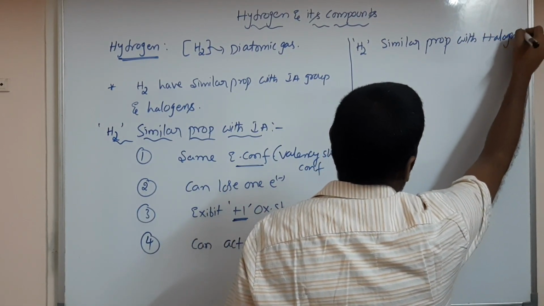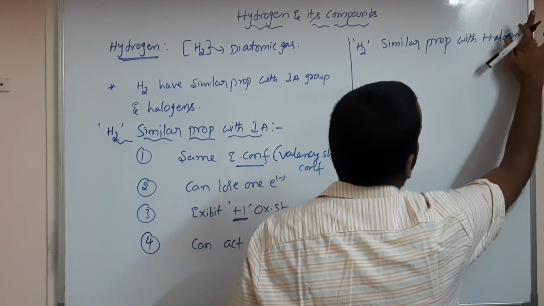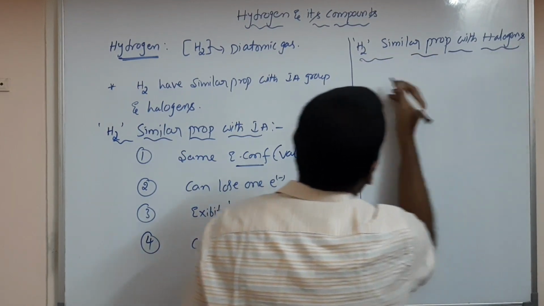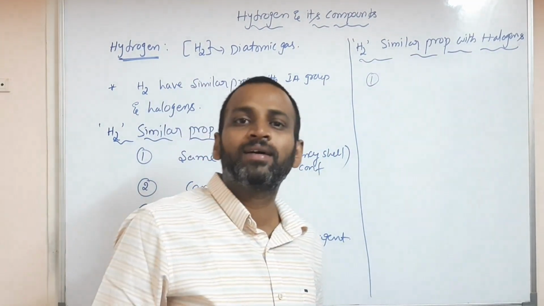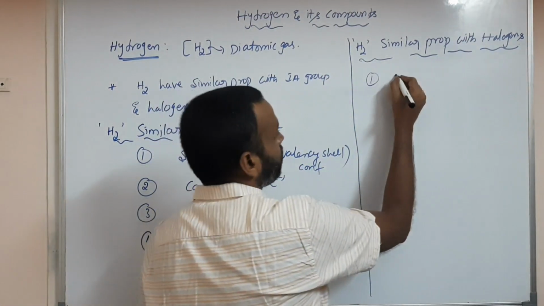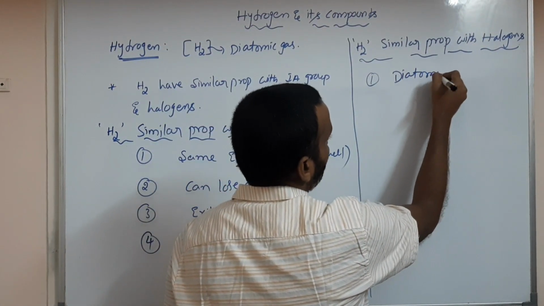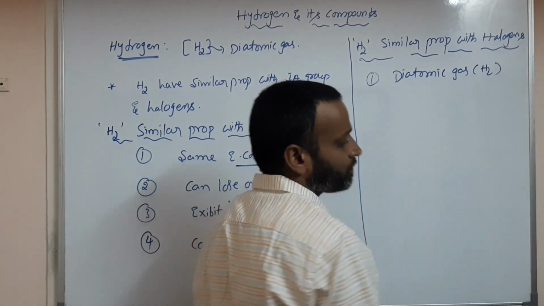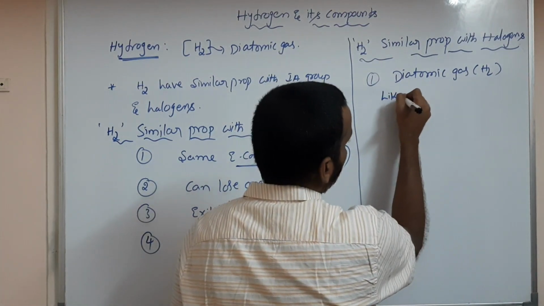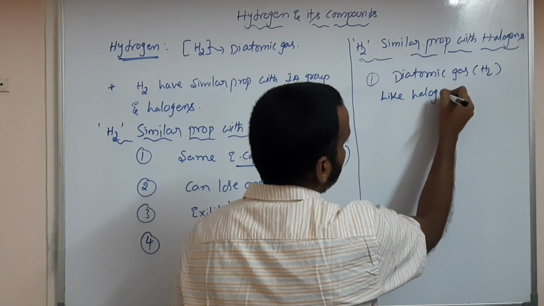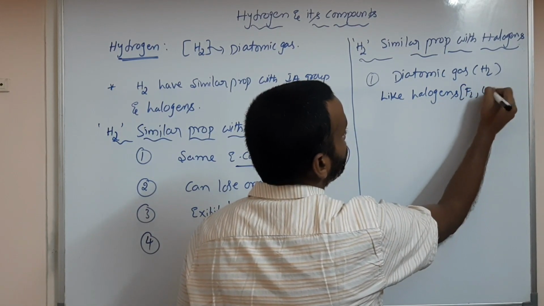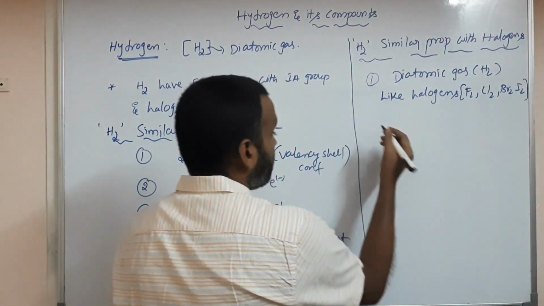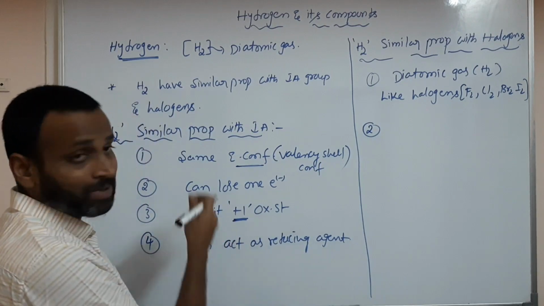First, it is a diatomic gas like halogens. Halogens are F2, Cl2, Br2, I2, like that. Correct? So hydrogen exhibits +1, I said.